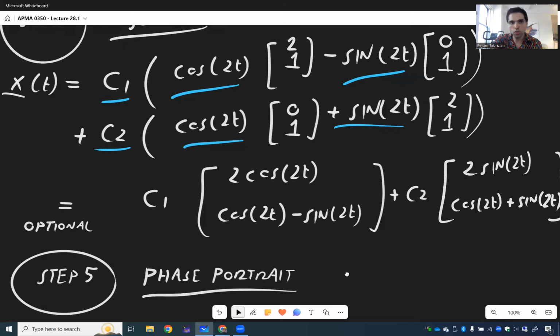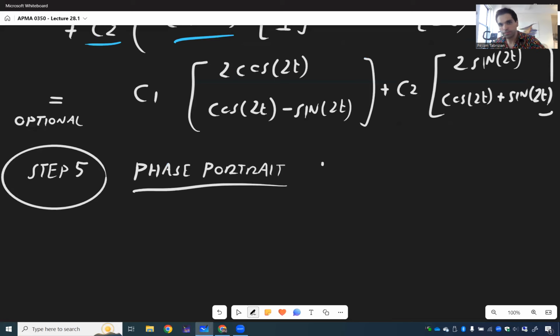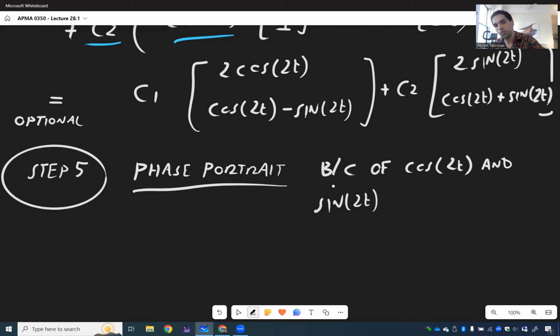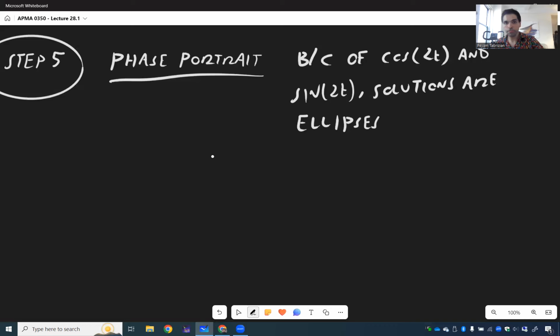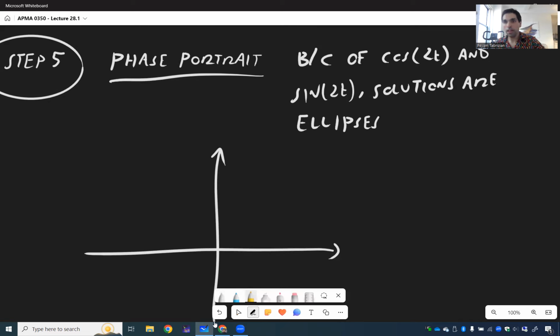So here, because of cosine 2t and sine of 2t, solutions are ellipses. So really, to draw this, draw the ellipses and just draw them slanted, because it turns out here the axis is more diagonal.